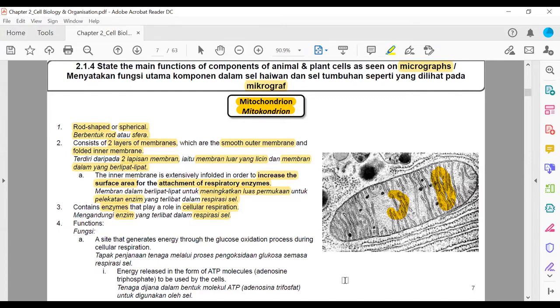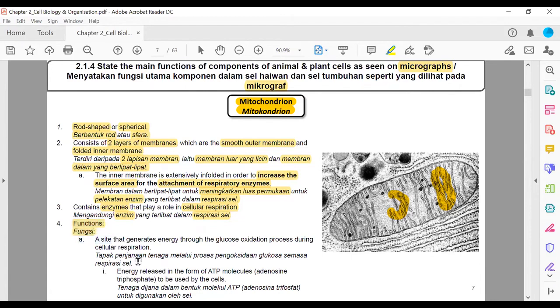And this process, cellular respiration ataupun respirasi sel, berlaku dalam mitokondria. Dan ada enzim yang terlibat untuk proses ini. What is the enzyme? You no need to know. Okay, nama dia agak panjang sebenarnya. Okay, number 4, fungsi dia.